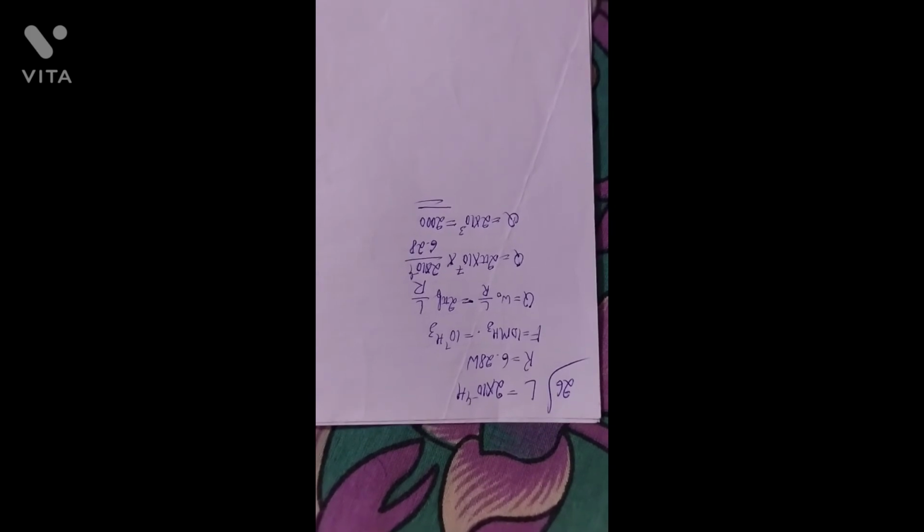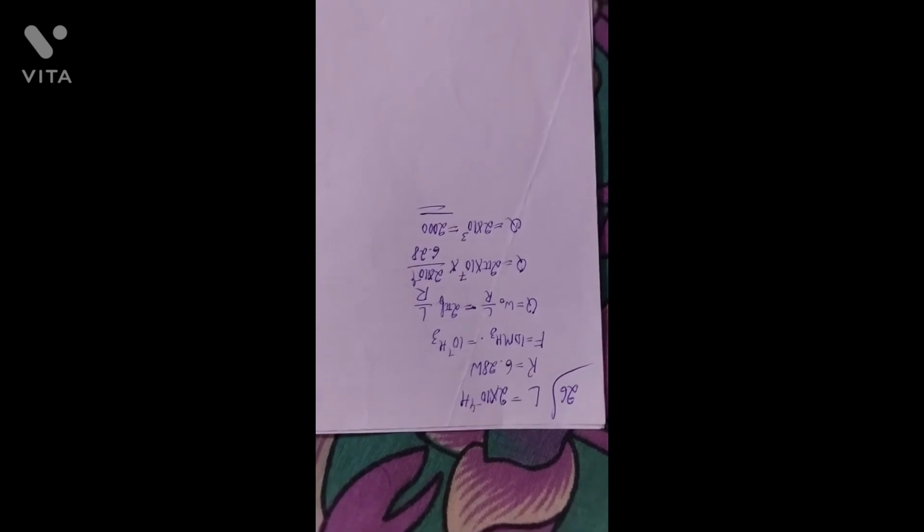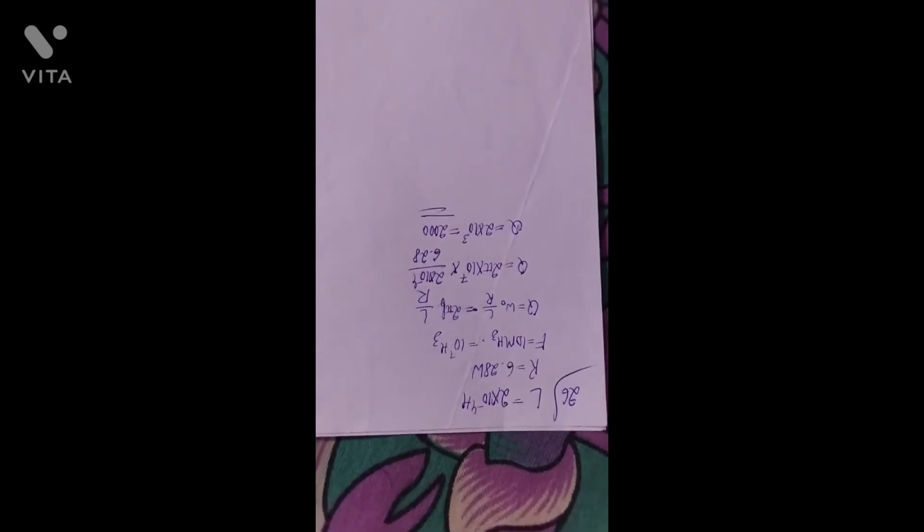And they also say to take pi as 3.14, so it works out straight, it is not a big problem. So the answer is 2000.